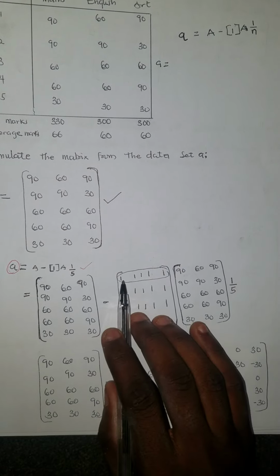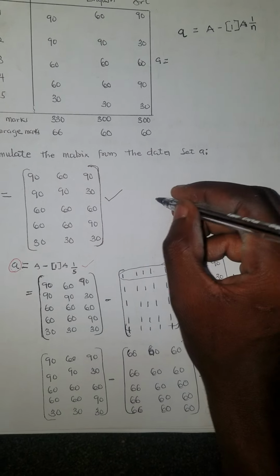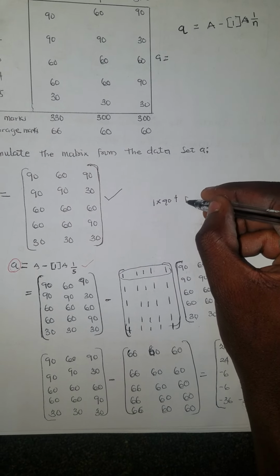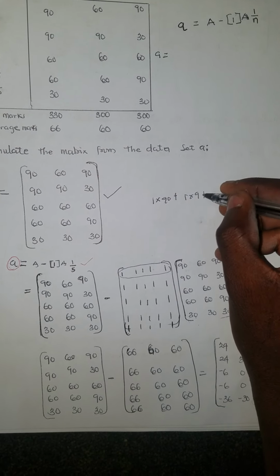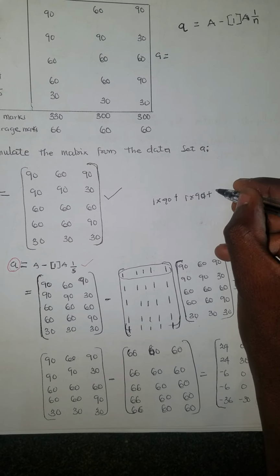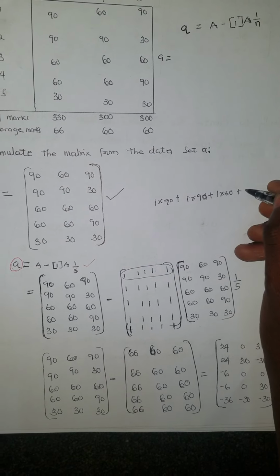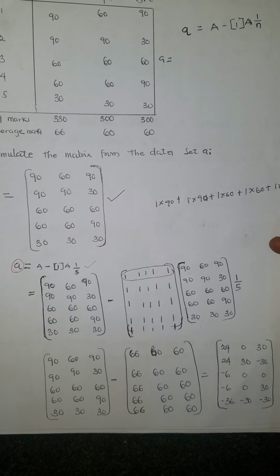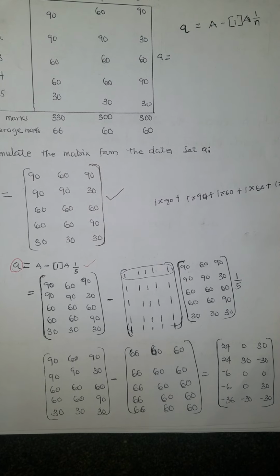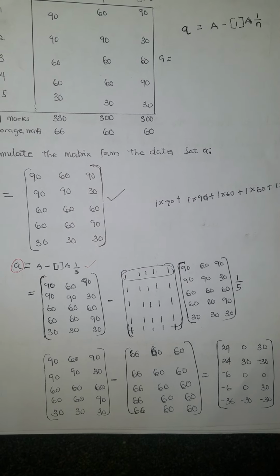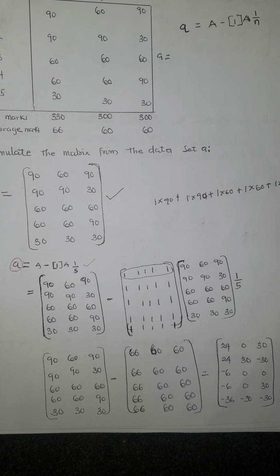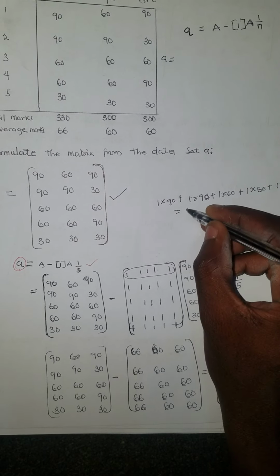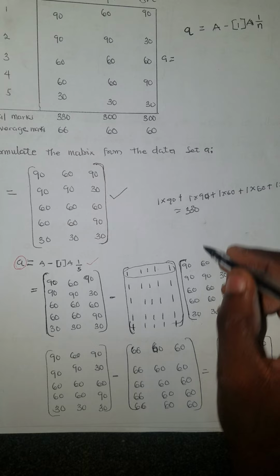So for example, if I pick the first row, it will be 1 times 90 plus 1 times 90 plus 1 times 60 plus 1 times 60 plus 1 times 30, and that will give us 330.